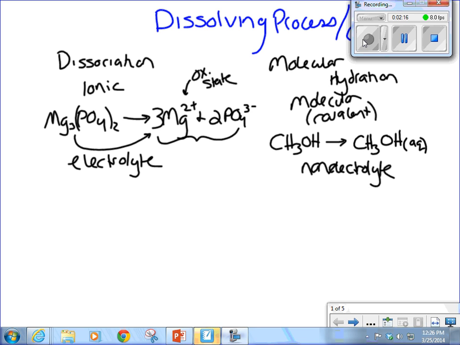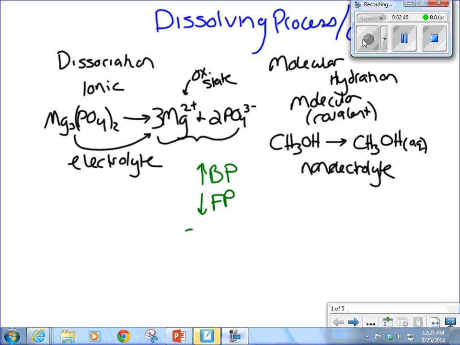Because of this, when we look at colligative properties, a colligative property means that the boiling point of a solution is higher than the pure solvent, and the freezing point of a solution is lower than a pure solvent. So it's boiling point elevation and freezing point depression, okay?